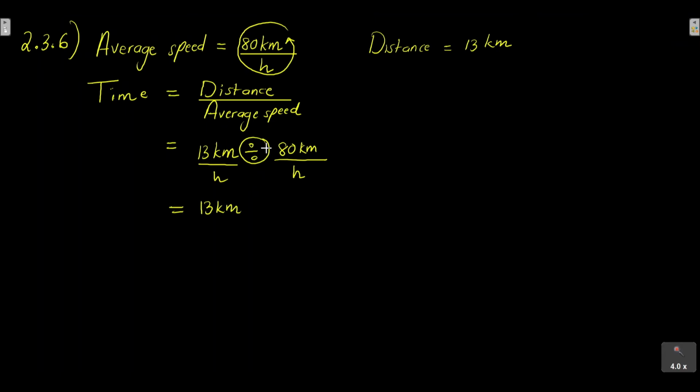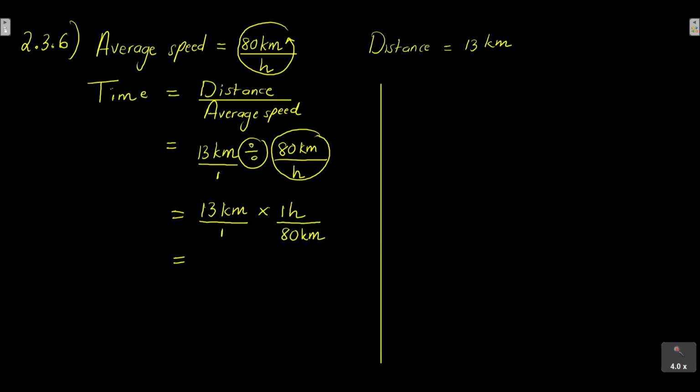The divide can be changed into 13 kilometers multiplied by this reciprocal, so it's going to be 1 hour divided by 80 kilometers. From here, what do you see? Do you see that the kilometer units cancel, and you'll have the answer in hours?